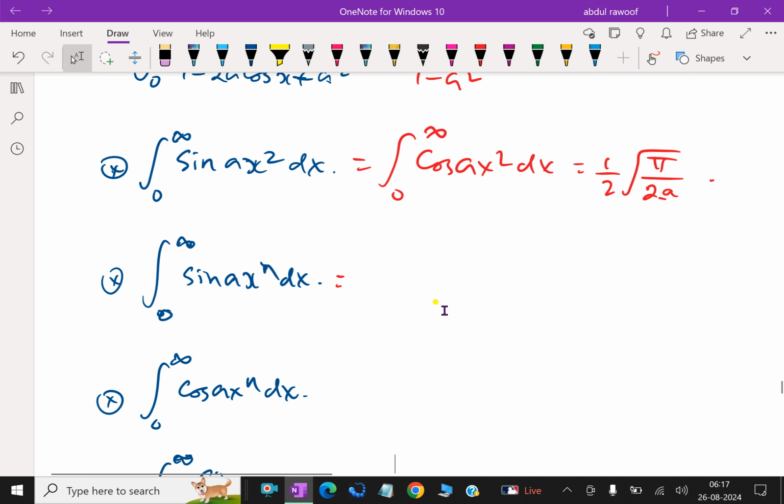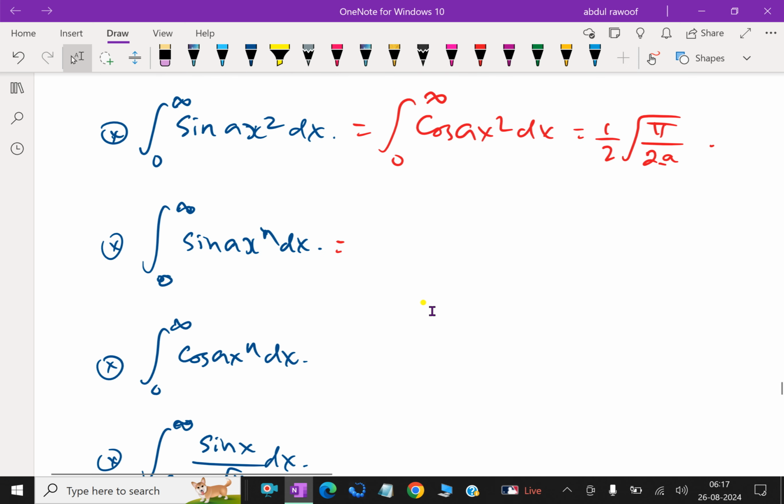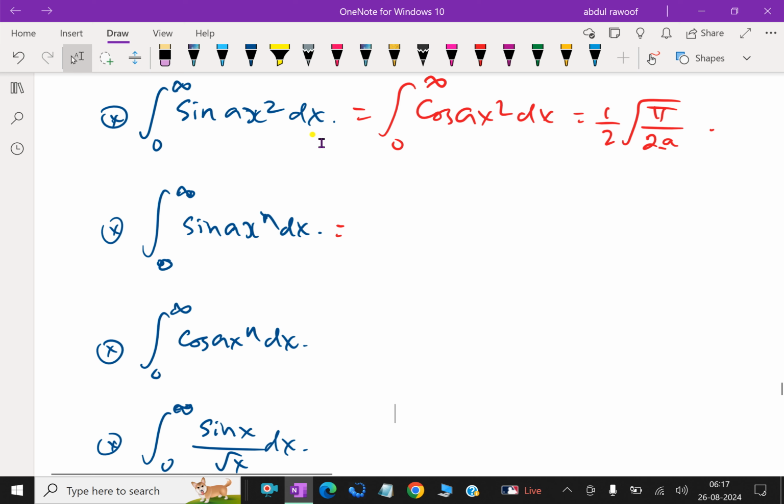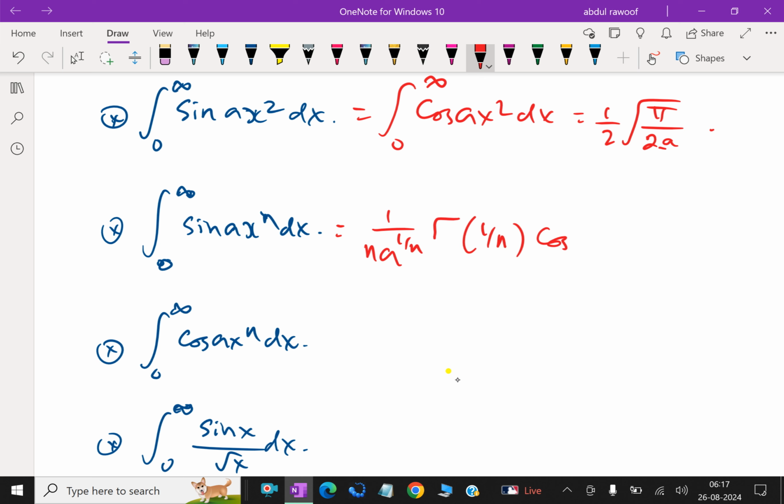This one, x power n here, instead of square it is x power n, we have 1 over n into a power 1 by n, factorial function of 1 over n cos of pi over 2n, where n is greater than 1.